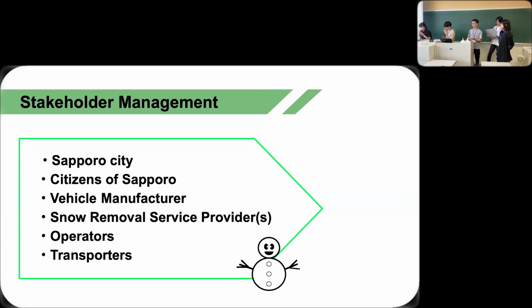First of all, in addition to the city of Sapporo and its citizens, we need vehicle manufacturers, snow removal service providers, operators, and transporters. An operator refers to the driver of a snowmobile, and a transporter refers to a driver for a delivery company or other such person.